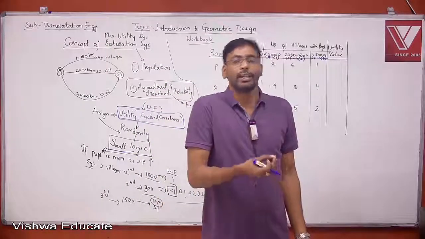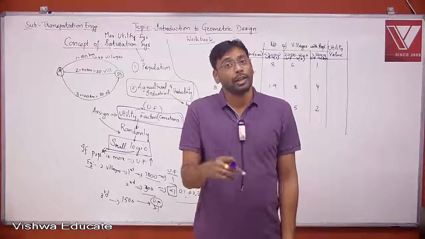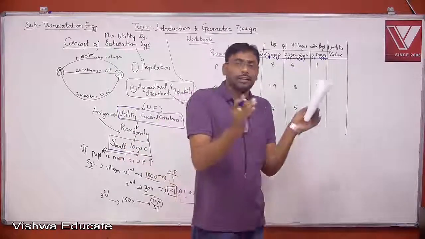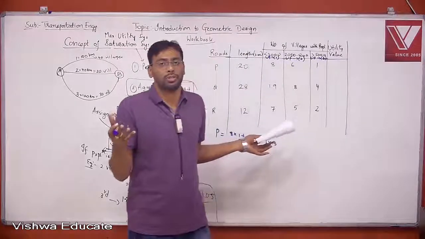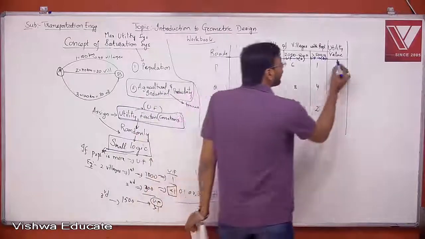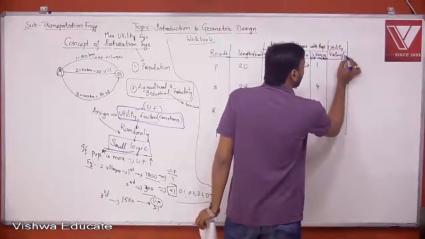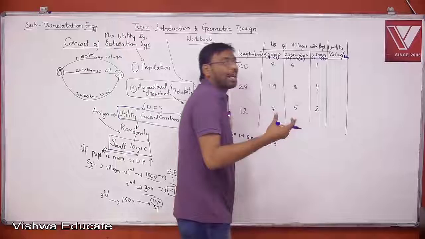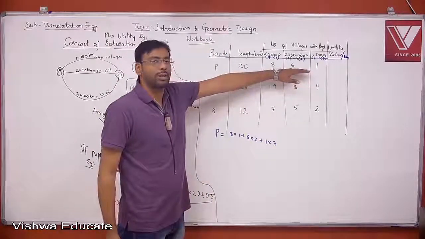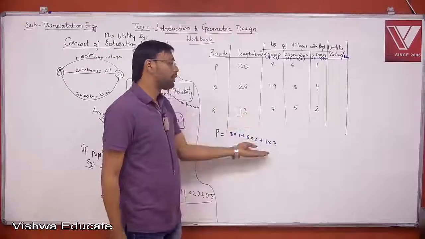If you vary the length of the road, the construction cost increases. As the length increases, your construction cost is going to increase. So I will calculate the utility value per kilometer for comparing. If anybody asks you what is the utility value for road P, this is the answer.